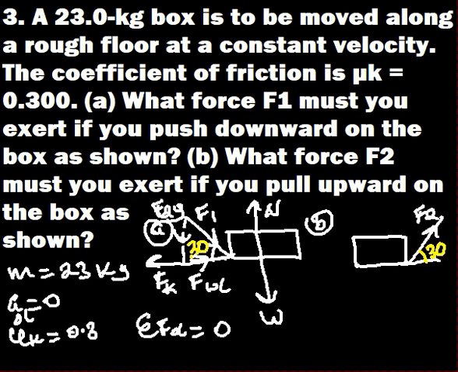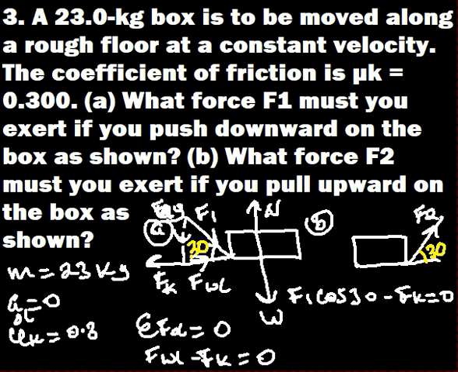We have F1x, the x component of the force F1, minus Fk, which is acting against the motion, equal to 0. F1x is given as F1 cos 30, minus Fk, equal to 0. And Fk is mu k times the normal force.